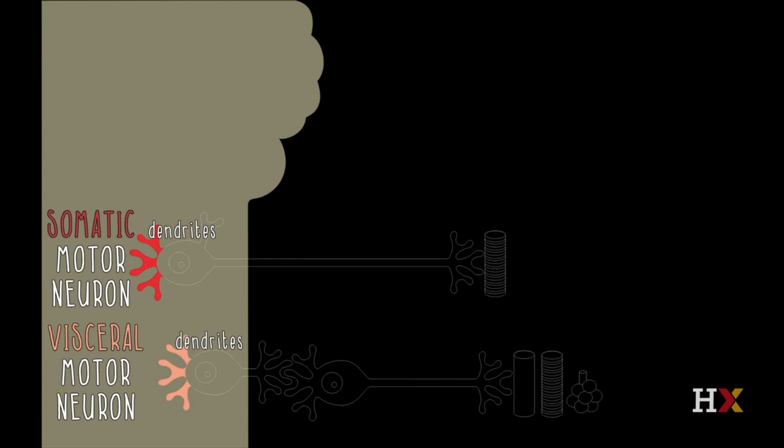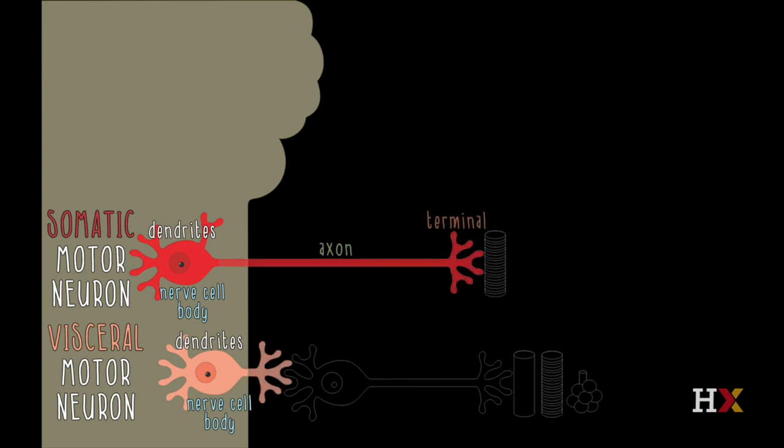Those will receive impulses from the central nervous system. The nerve cell body is connected to the dendrites, and here you can see the nerve cell body with cytoplasm, nucleus, and nucleolus. From the nerve cell body, the impulse is conducted along the axon to the axon terminal. Neurotransmitters are released at the axon terminal, which bind to receptors on the muscle, and the muscle contracts.